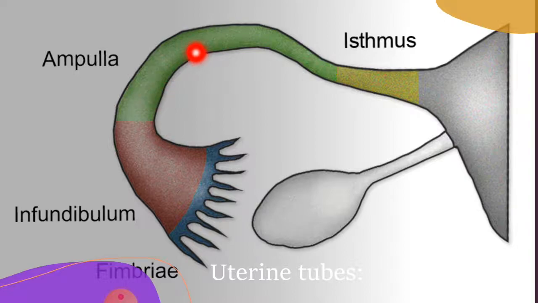This is the part where the fertilization will occur. Next is the isthmus, and this is the narrow section of the uterine tube, and the function of the isthmus is to connect the ampulla to the uterine cavity. So each part of the uterine tube has its own distinct function.